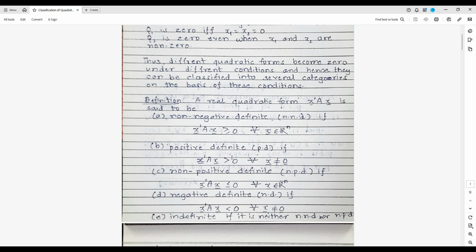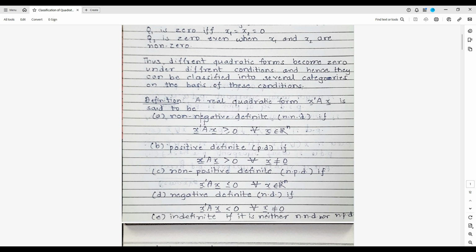Means if I take a non-zero vector x, then I may end up getting x prime Ax equal to 0. Therefore, I can find a vector x naught such that x naught itself is not equal to 0, but x naught transpose A x naught is becoming 0. Then only we can have a non-negative definite quadratic form which is not positive definite.